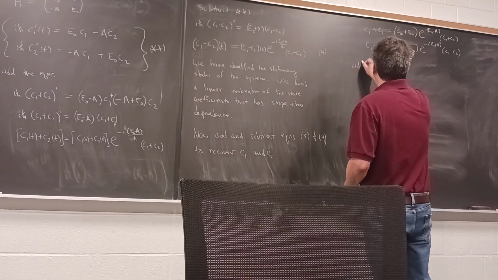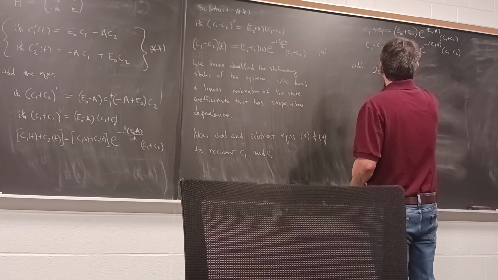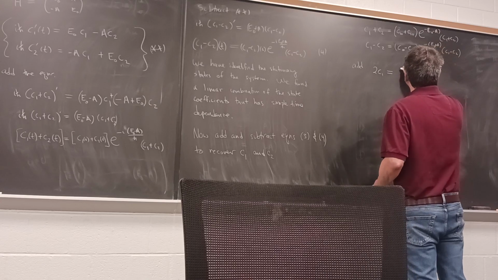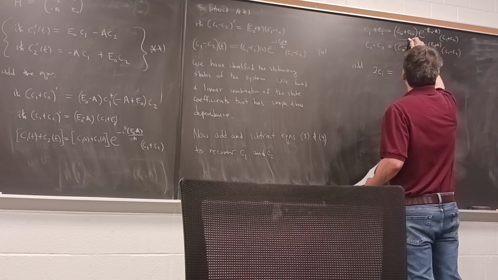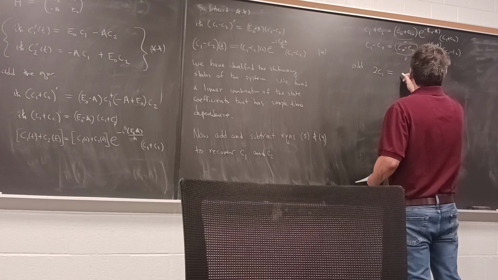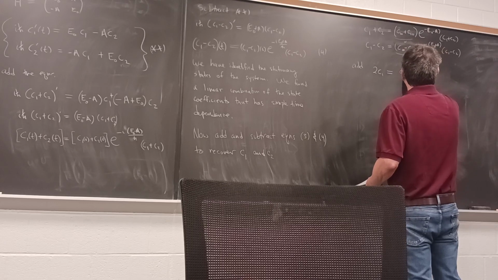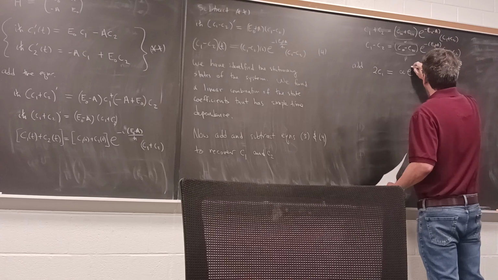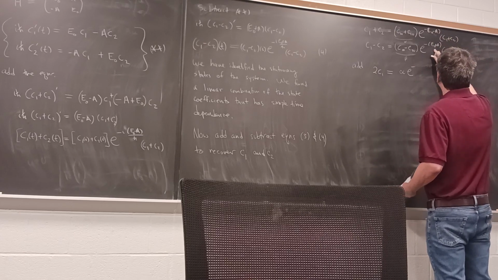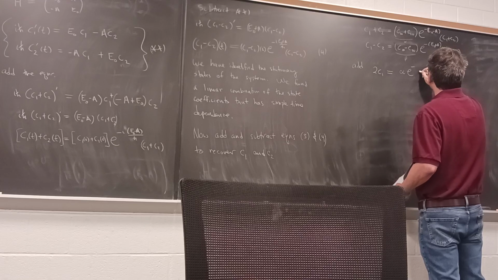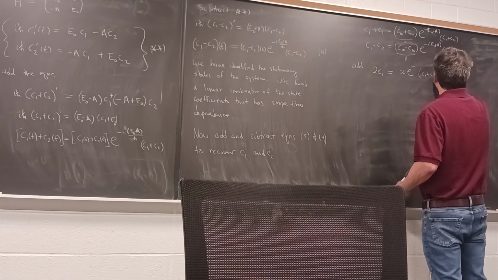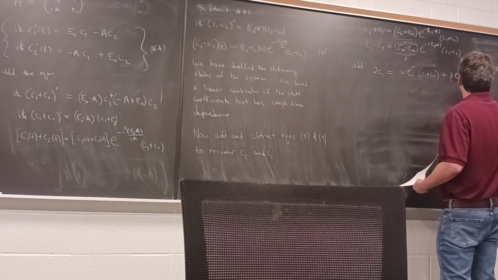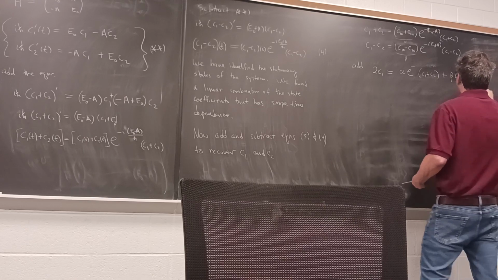So if we add them, we'll have 2C1 equal to, this is painful. Call that alpha and this beta. I want to simplify this and call this e minus, and I'll call this e plus. So this is alpha e minus times C1 plus C2, plus beta e plus times C1 minus C2.